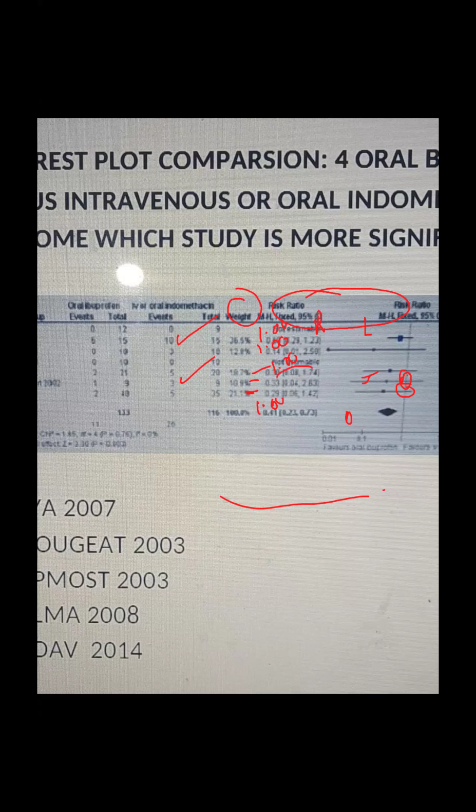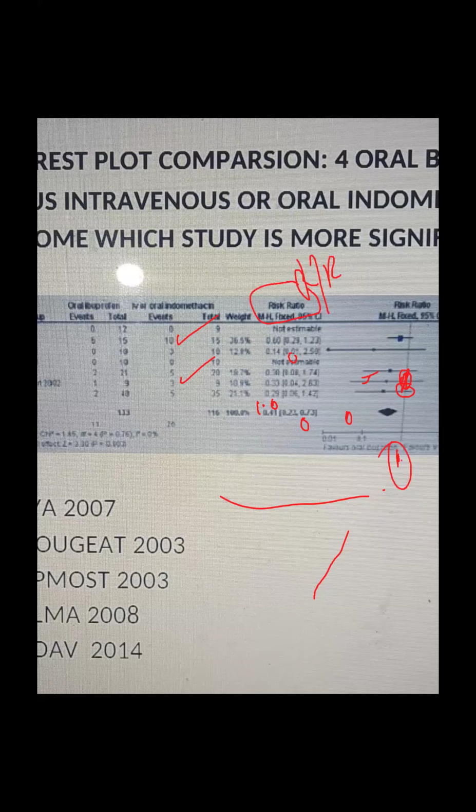If the confidence interval range does not contain 1.00, then it cannot cross the midline, okay? So from this point of view, by looking at the confidence interval, your unit is risk ratio, I think. So for risk ratio, the center line is 1, okay?